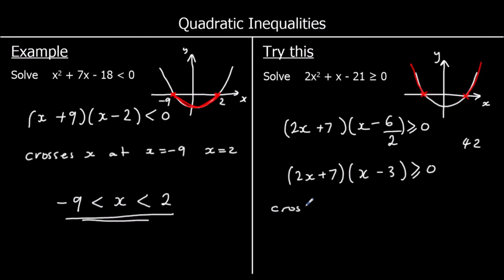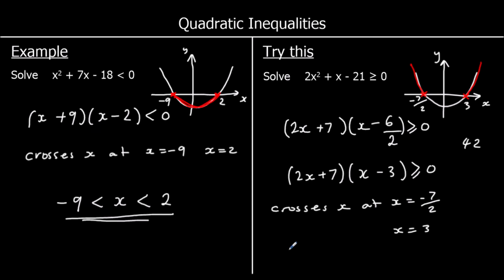So it crosses x at what makes the first bracket 0? That's going to be negative 7 over 2. And what makes the second bracket 0? X equals 3. So we've got minus 3.5 and 3 as the 2 points where it's equal to 0.